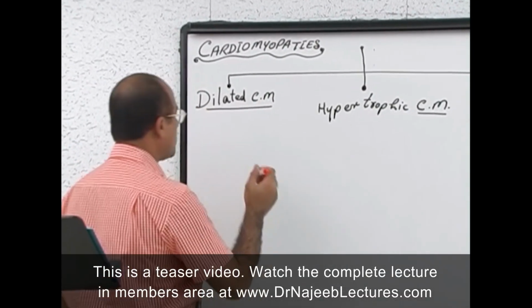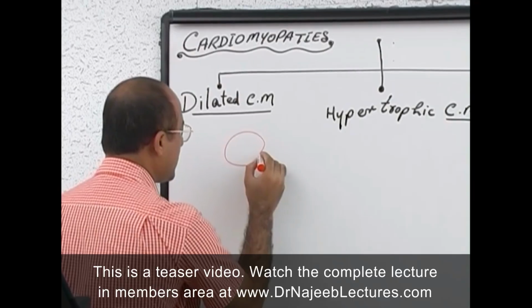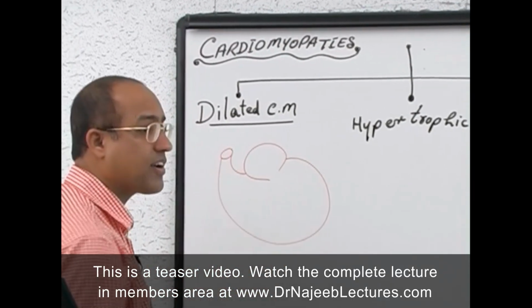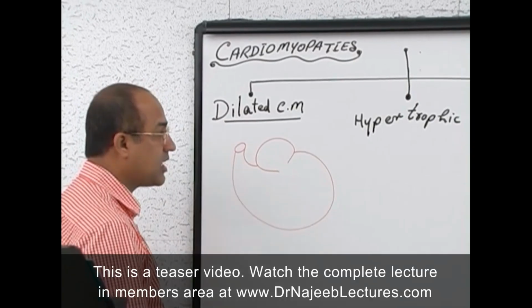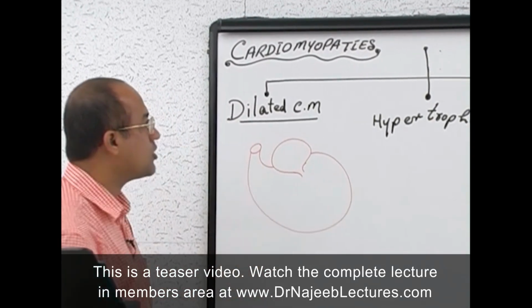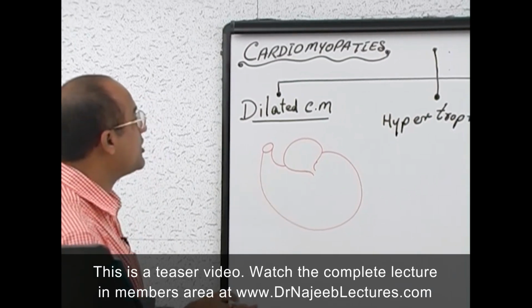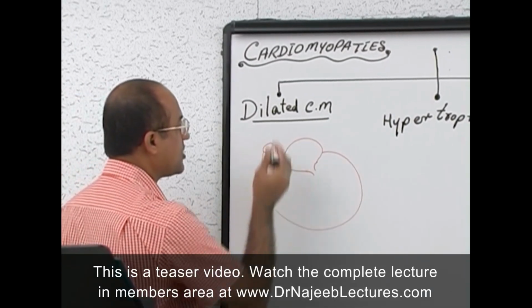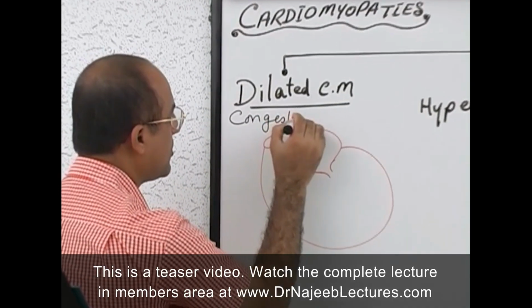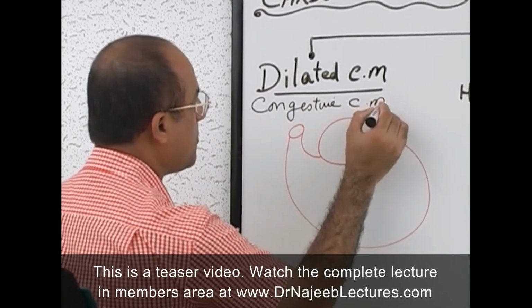In dilated cardiomyopathy, what really happens is that the left ventricle is pathologically dilated, or even the right ventricle is also pathologically dilated, right? Dilated cardiomyopathy is also called congestive cardiomyopathy.